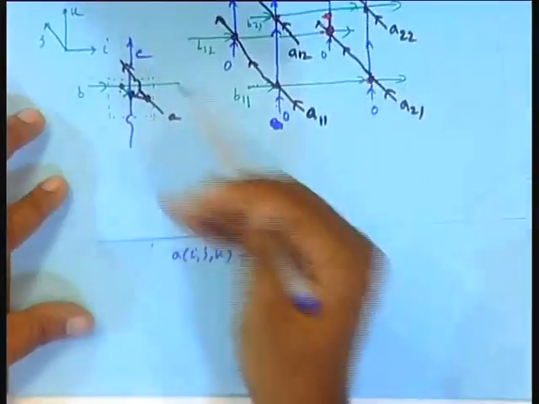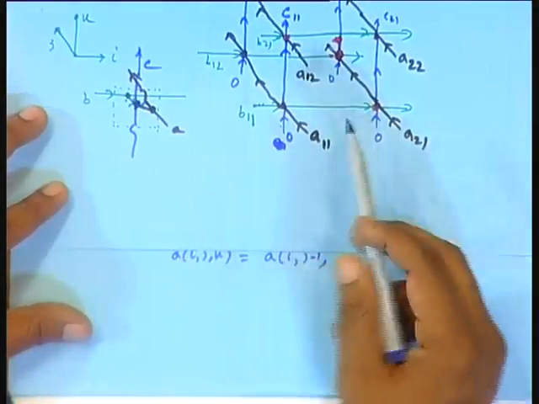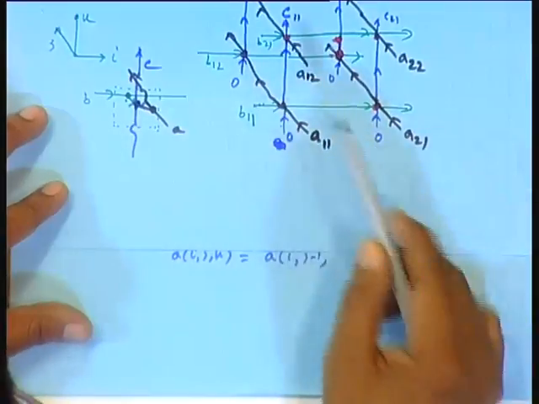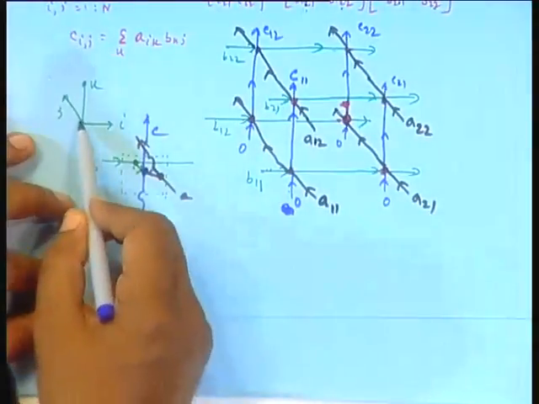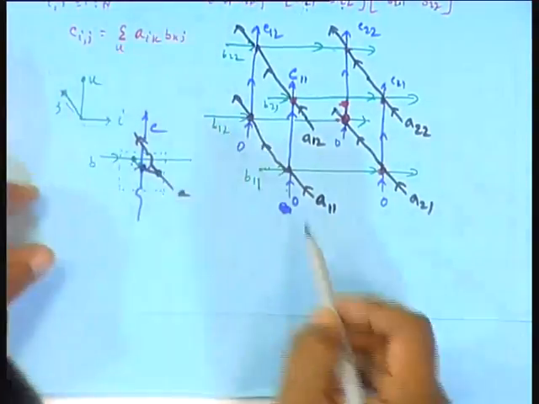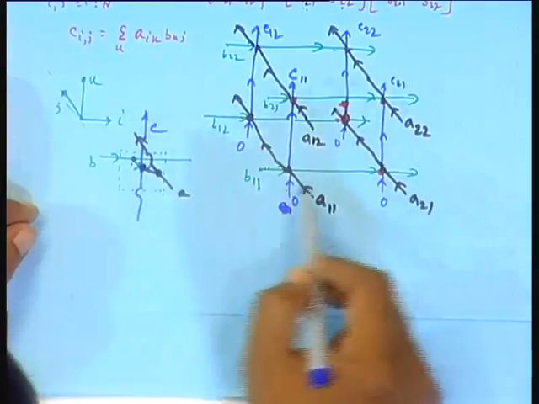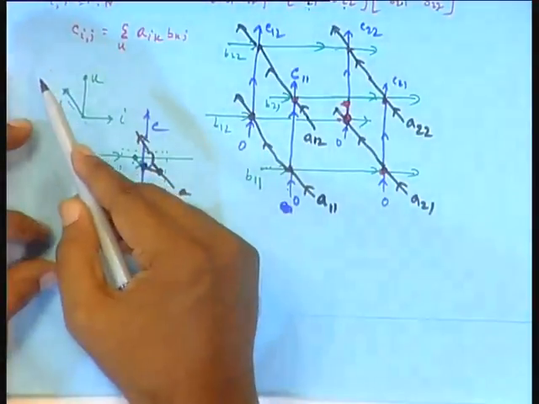A comes from I remaining I, k remaining k, but only j changes. This is my definition of j, like xyz coordinates, but instead of xyz I am calling them ijk. So, A is in the j direction.